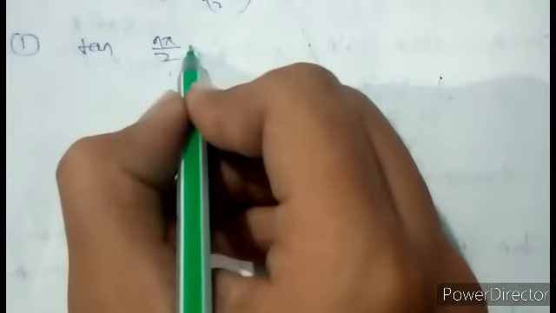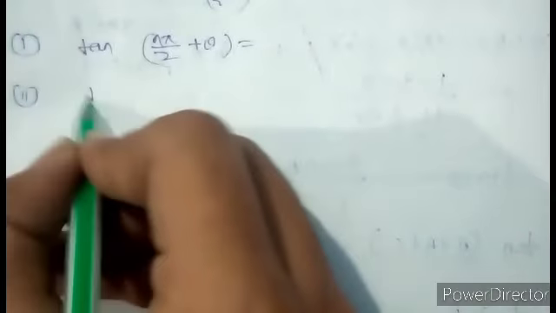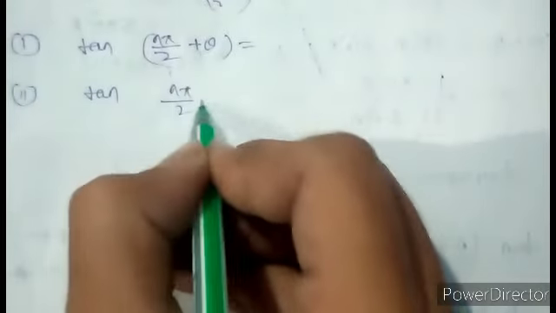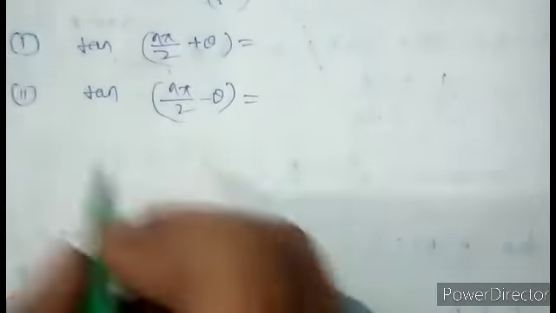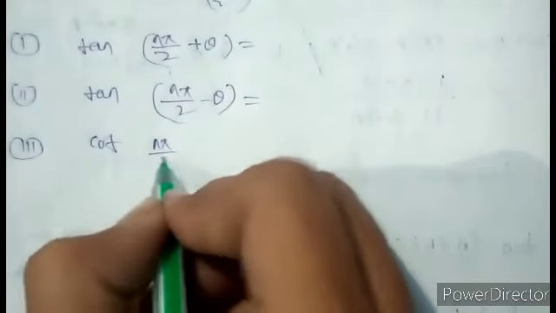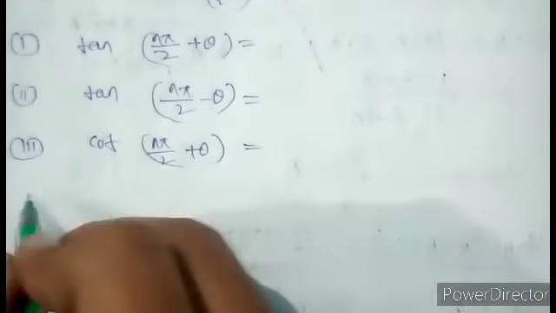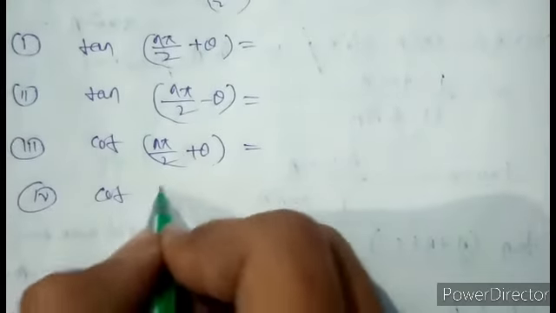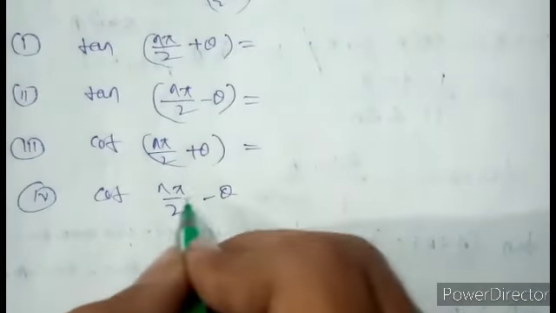Then come to the formula: tan(nπ/2 + θ) is equal to what? tan(nπ/2 − θ) is equal to what? Then the third one is cot(nπ/2 + θ) is equal to what? And the fourth one is cot(nπ/2 − θ) is equal to what?